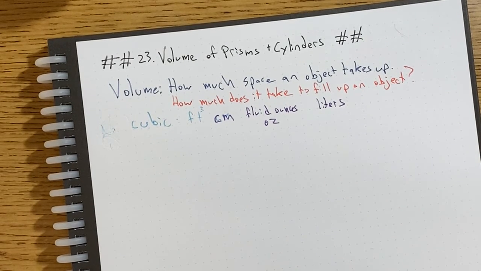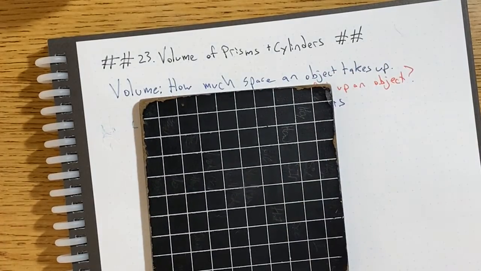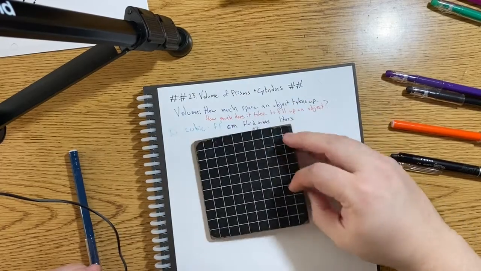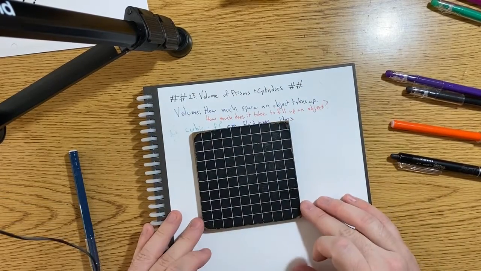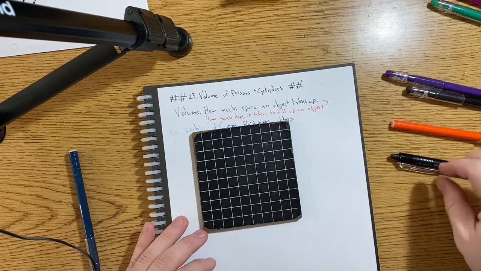So, in general, what's going on with volume is that we're looking at a slice of something. This is just one flat surface, so you would find its area.